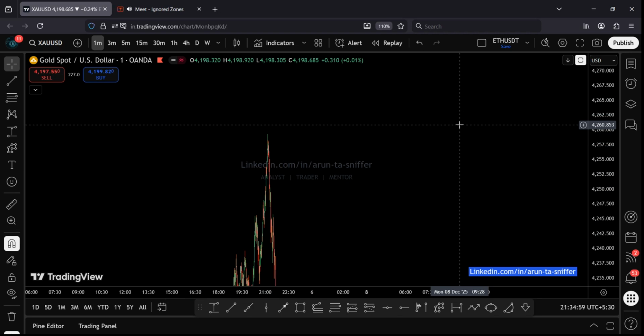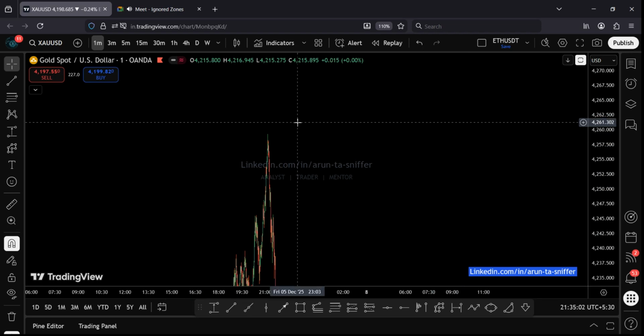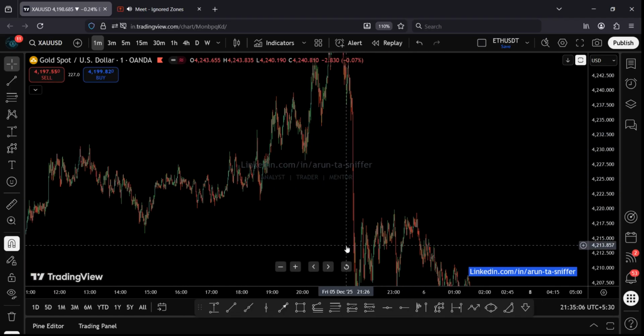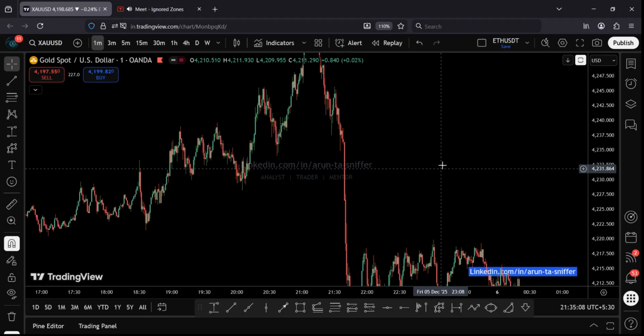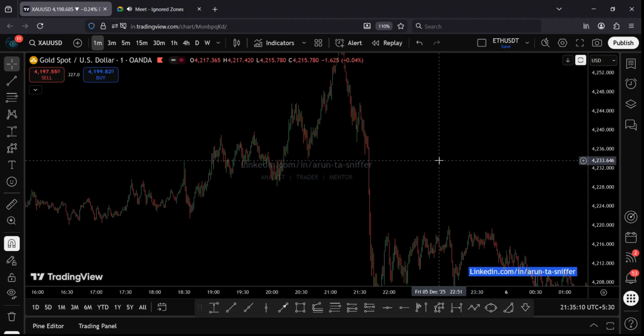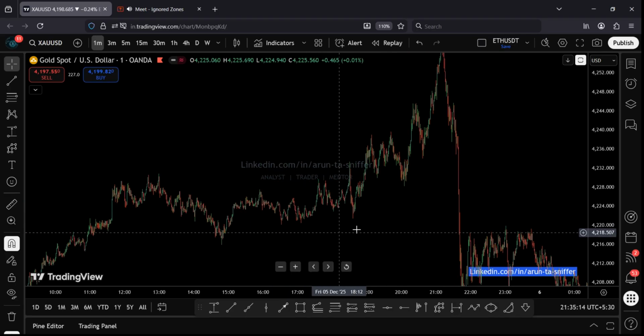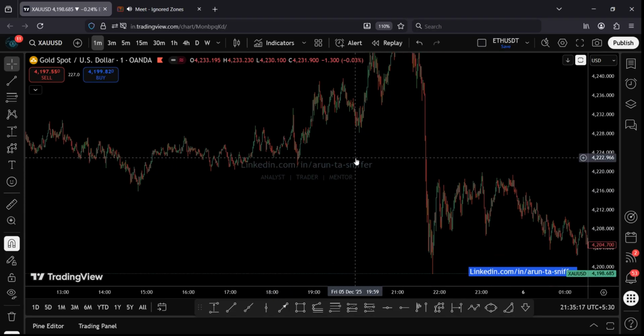Okay, let's find an example for compression. When price is compressed, so first let's find the compression. Where is price compressed?